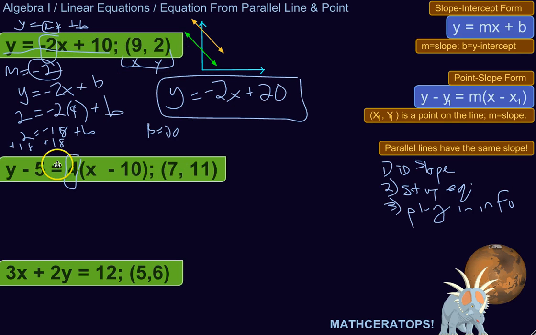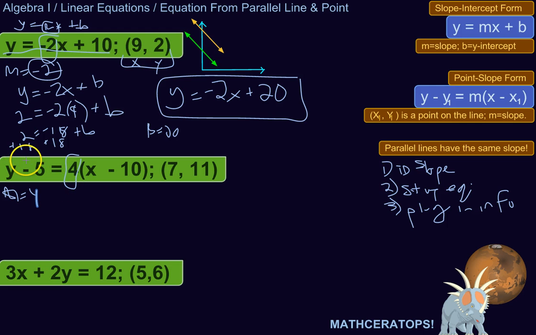Now, if you're given something in point slope form, again, it's easy just to extract the slope there. So I know my slope is going to be 4 based on just the form. And the point slope form is y minus a y coordinate on the line equals the slope times x minus an x coordinate on the line. So I know that this means the slope.